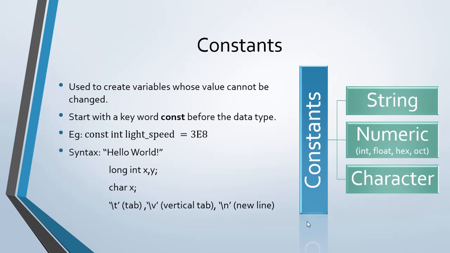Instead, while defining the variable, I can say const int a is equal to 100, and then I will not be able to change the value of the variable. In the last program we changed the value of variable a from 100 to 200 because it wasn't a constant, it was a variable.